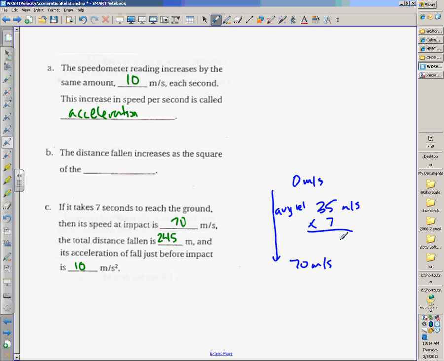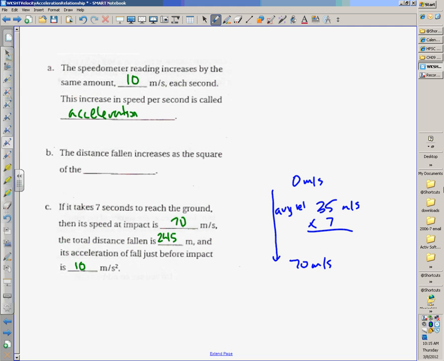Now, just to answer B and make a point about what we finished up with yesterday. At the end of class yesterday, I gave you two equations. Do you remember the two equations that I gave you? I'm not saying you have them memorized, I'm just saying, do you remember that I gave them to you?